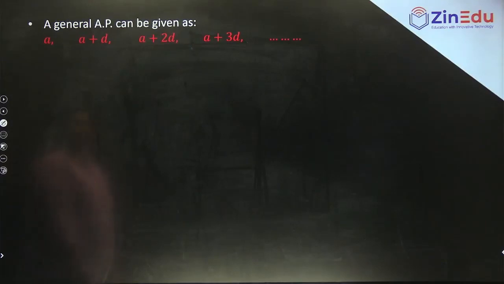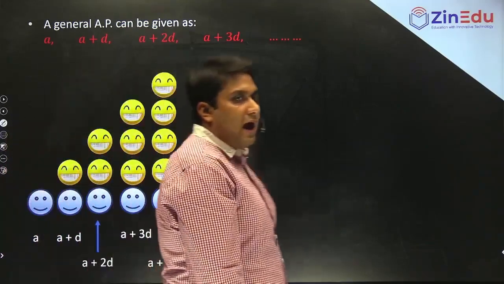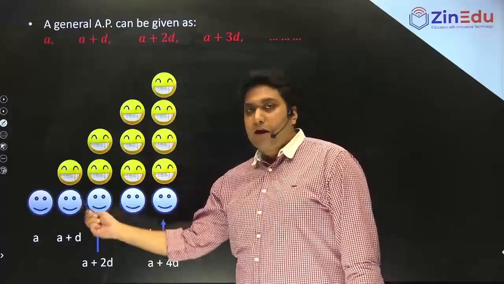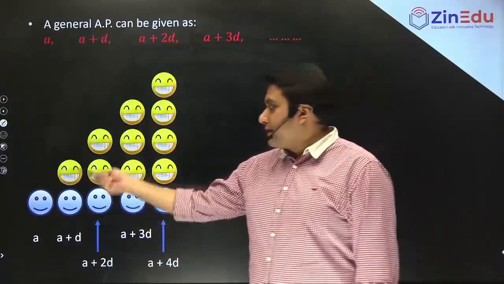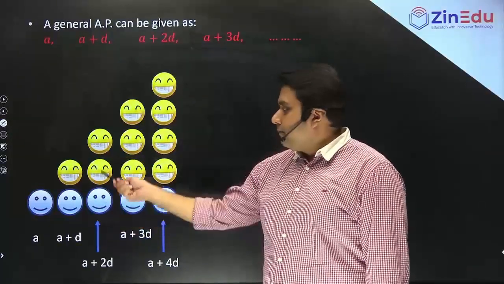A general AP can be given as A, A plus D, A plus 2D and A plus 3D and so on. We have A over here, and if I add D, it will be A plus D. This will be our next term. If I add another D to the second term, we will have A plus 2D.